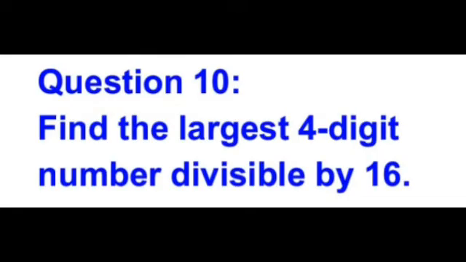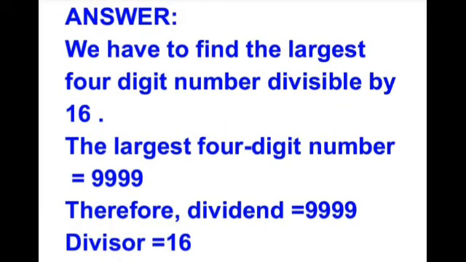Find the largest 4-digit number divisible by 16. First, what is the largest 4-digit number? That is 9,999. So first divide 9,999 by 16. So dividend is 9,999 and divisor is 16. Please do the division now.